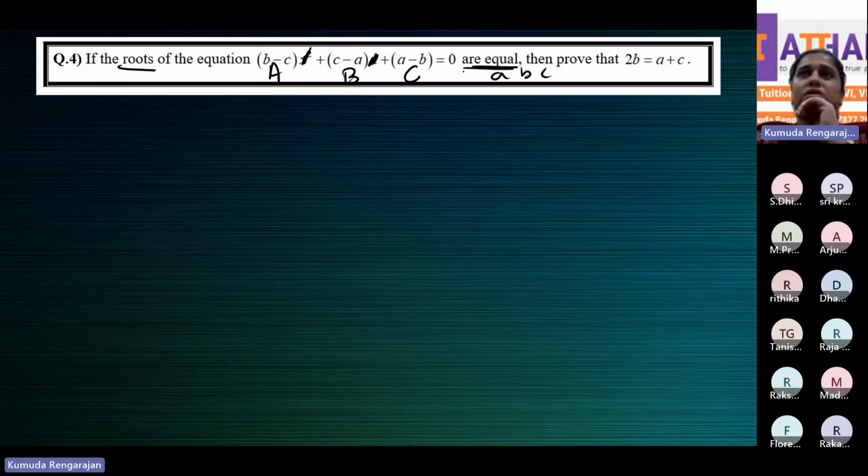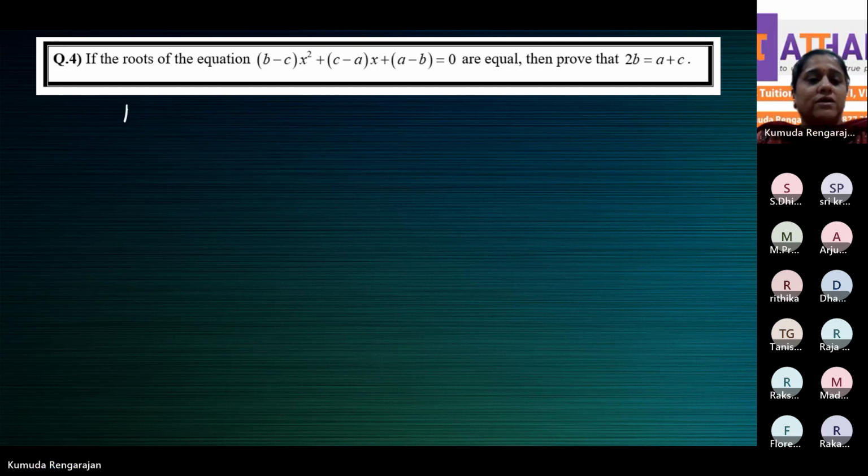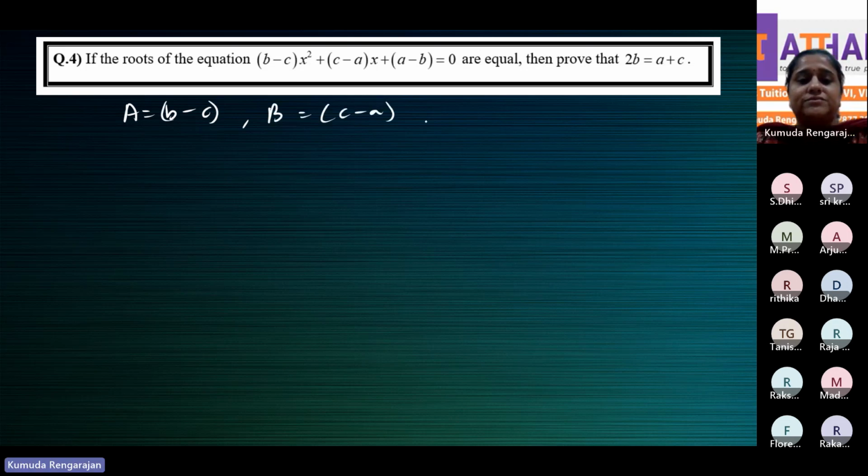Roots are equal. When will the quadratic equation have equal roots? When D is 0. So we already know the condition here: D is equal to 0. A is B minus C. B is C minus A.